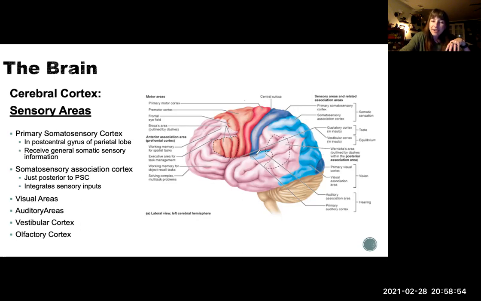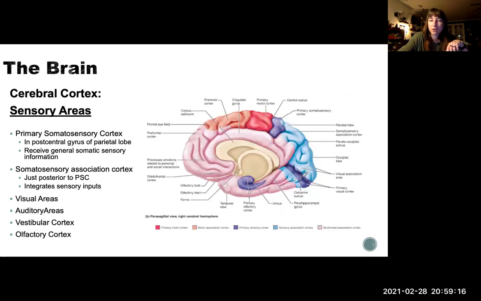Your auditory area is here in part of the temporal lobe. The olfactory cortex is also back here in the occipital and the parietal lobe as well. So a lot of your sensory information is happening back here in the parietal lobe, the posterior portion of your brain. Parietal and occipital lobes.